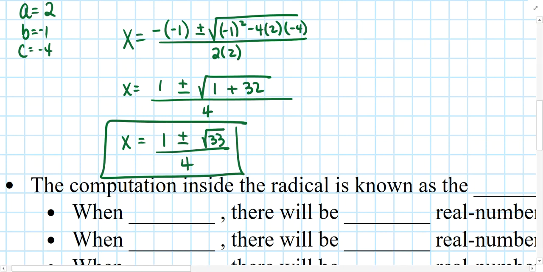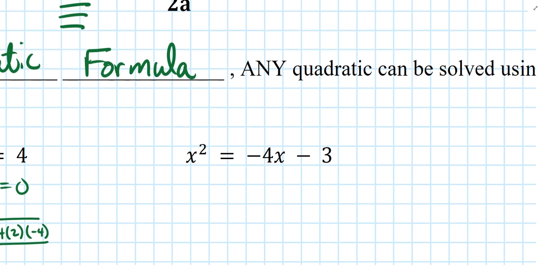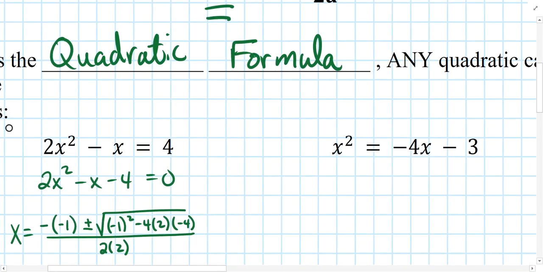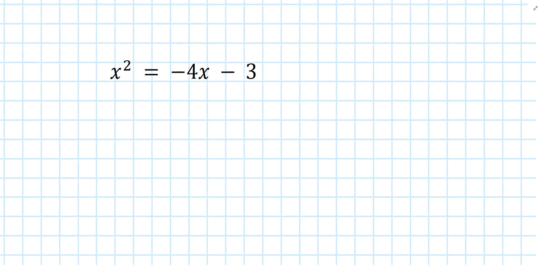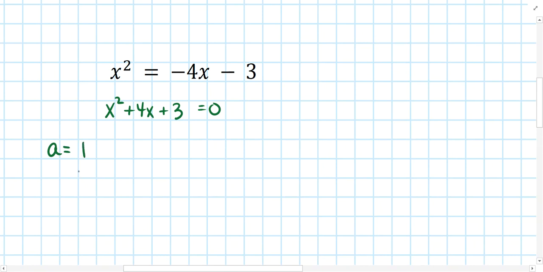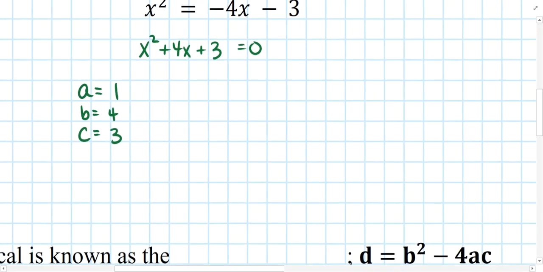Let's try another. After rewriting in standard form, the a value in this problem is 1, b is 4, and c is 3. By substituting into the formula and simplifying, we see the following.